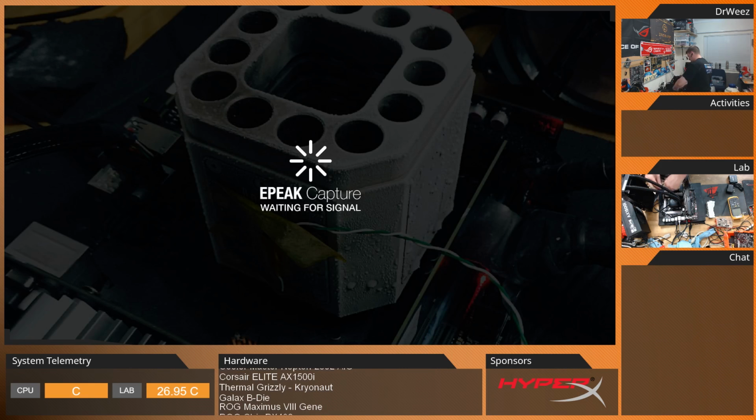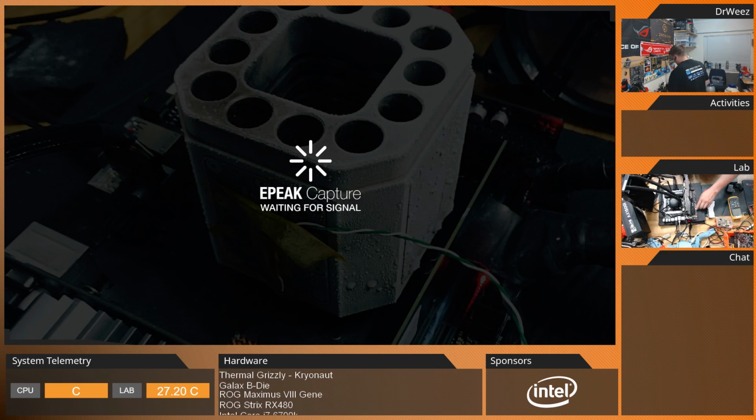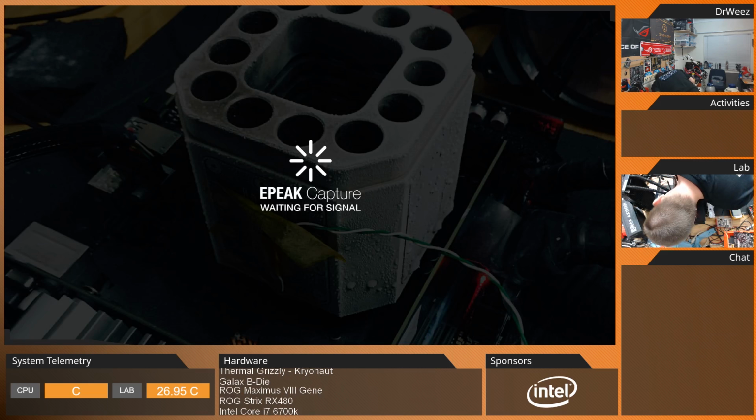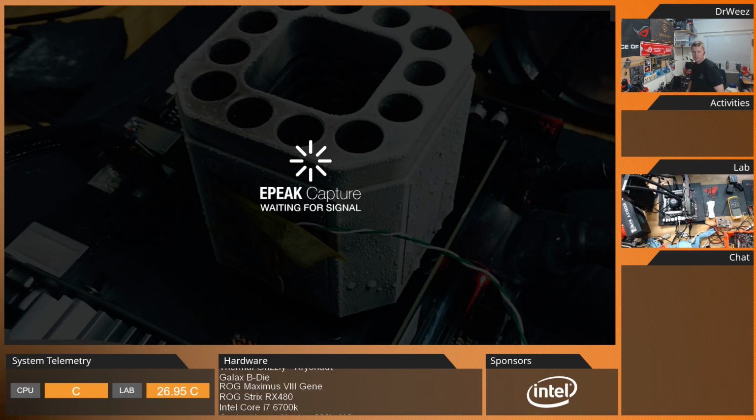So that's why we just got to retry it. No, it's a 41 postcode straight away. That is not good.